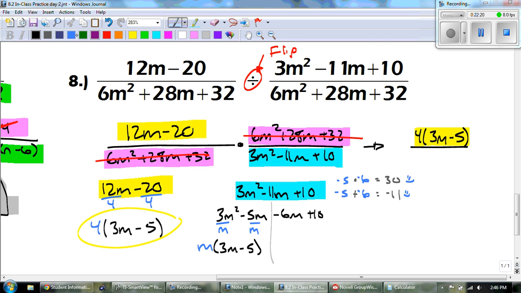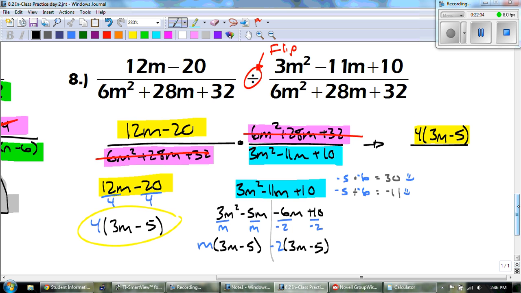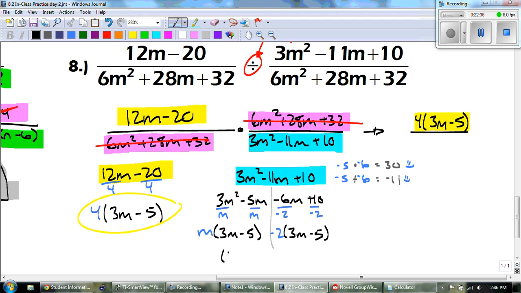And I know it's got to be negative, and the only number that goes into 6 and 10 is 2, and we're left with 3m minus 5. Writing that out, we have 3m minus 5 and then m minus 2.